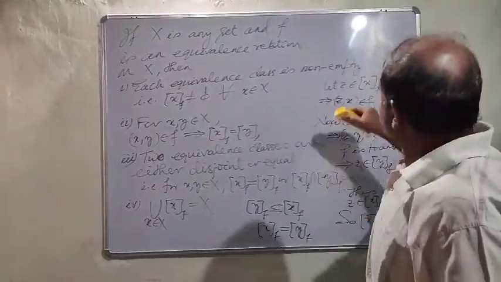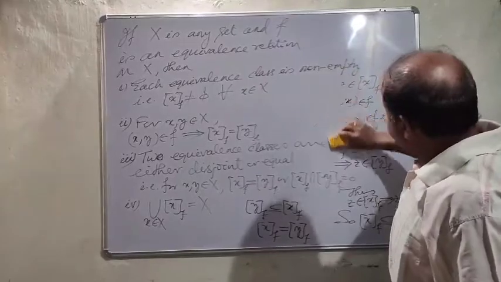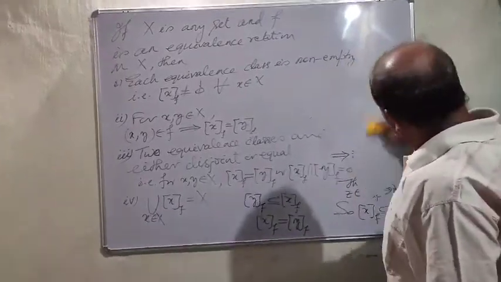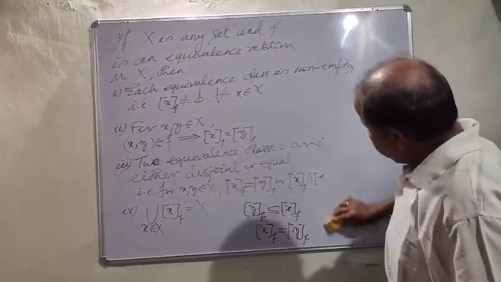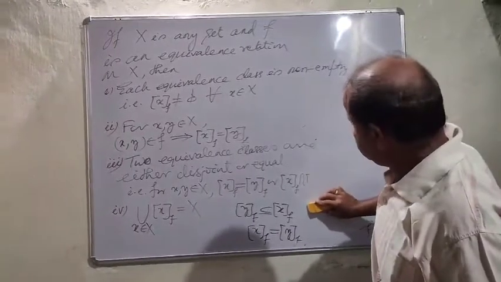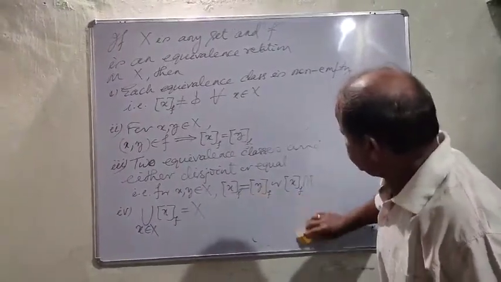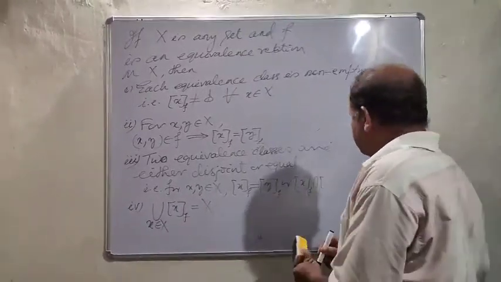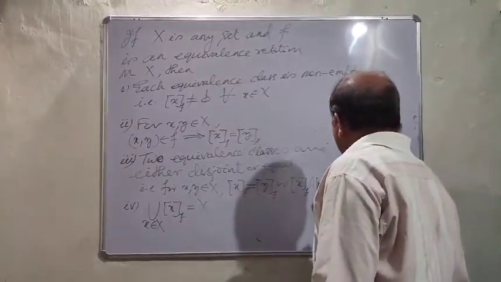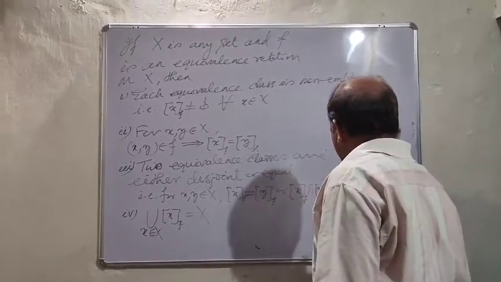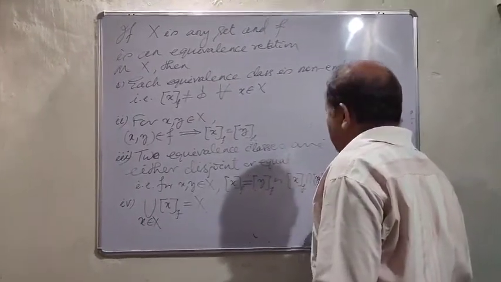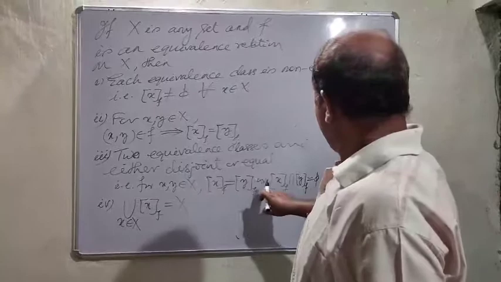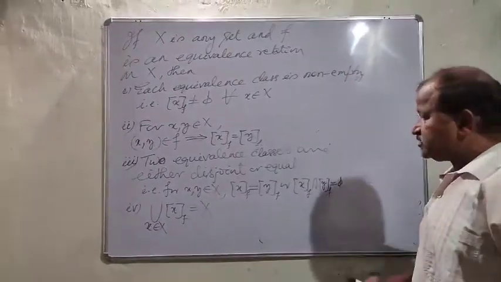Let us see. Our third point is this: the equivalence class of X and the equivalence class of Y are either equal or their intersection is the null set.